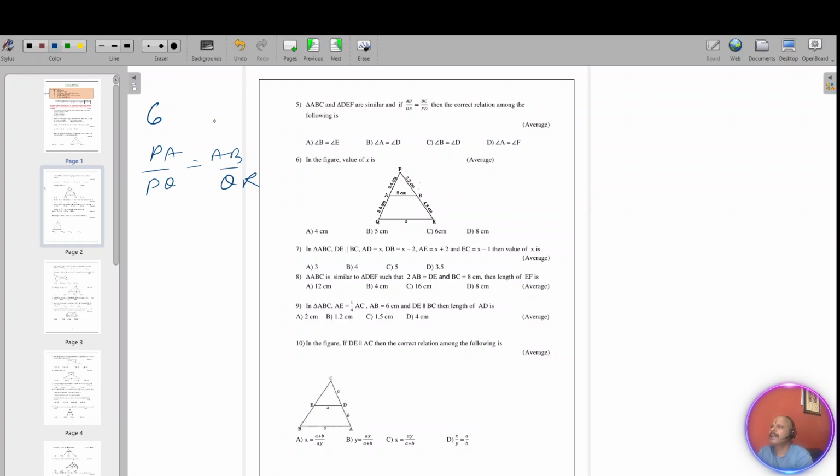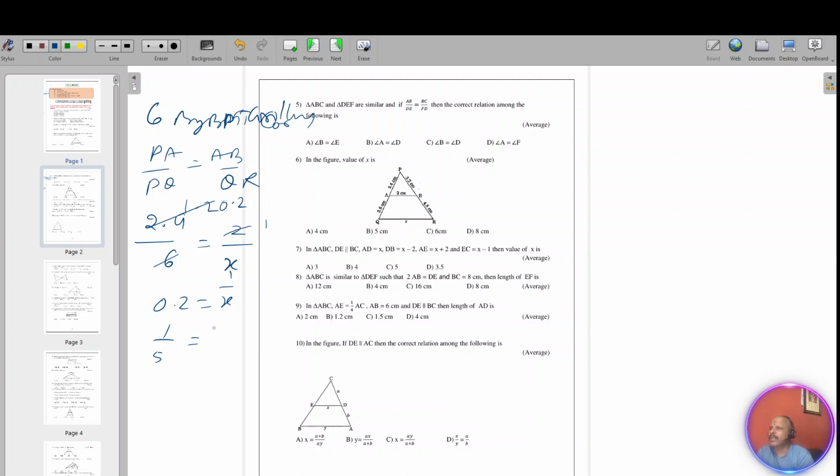What is PA? 2.4. What is PQ? Sum of 2.4 and 3.6 becomes 6. What is AB? 2, and QR is X. So if you check, 2.4 by 6 equals 2 by X, so it becomes 0.2 is equal to X. That is 0.2 means 1 by 5, right?